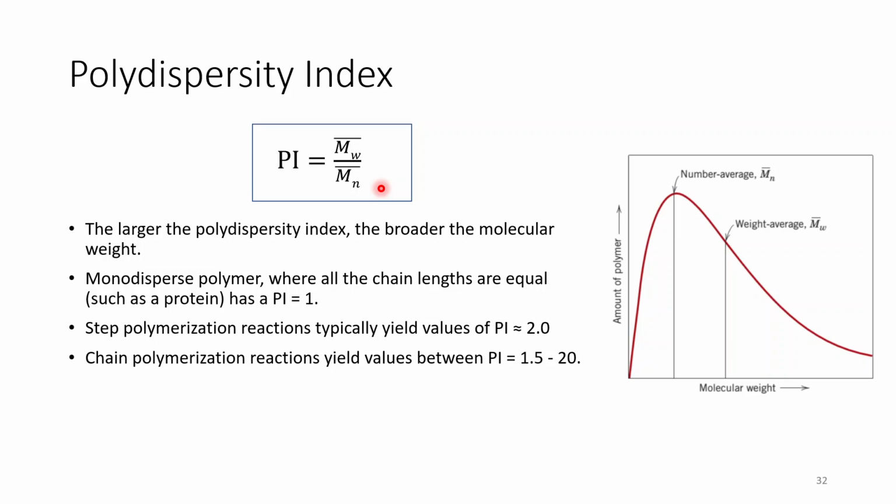And the monodisperse polymers where all the chain lengths are equal, such as a protein has PI equal to 1. So step polymerization reactions typically yield values of 2, and for chain polymerization the reactions yield values between 1.5 and 20.